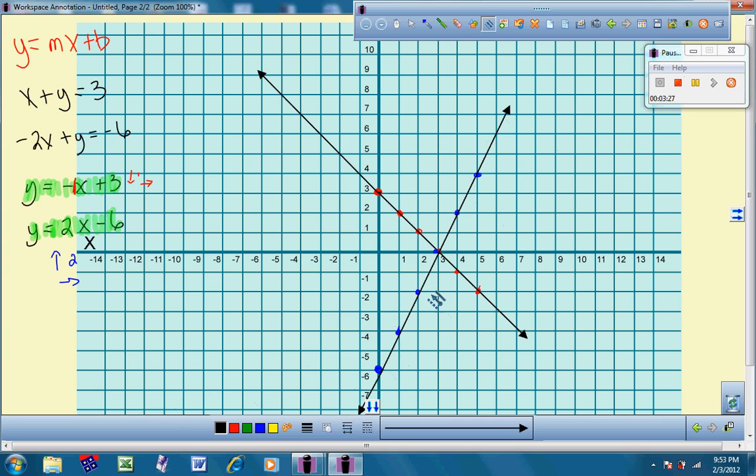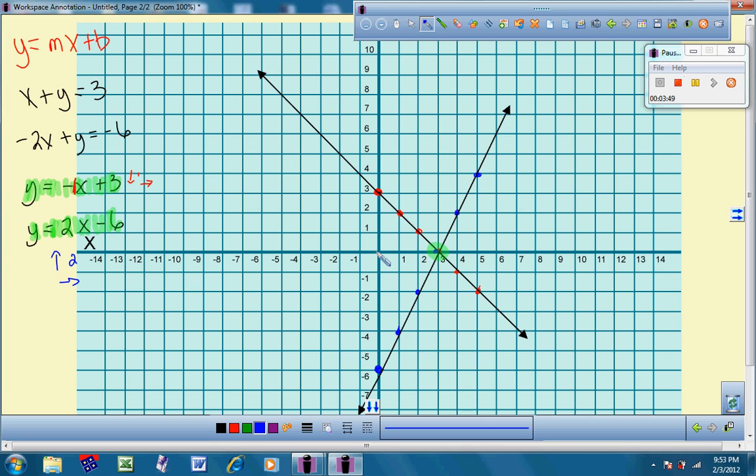So now if we look at where our two graphs intersect, I can go ahead and highlight that area, which is right here. So that means that the solution, the x and y values that will work for both of my equations and will give me a valid answer, will be at this intersecting point. To figure out what the ordered pair is, you first do the x move, then you do the y.